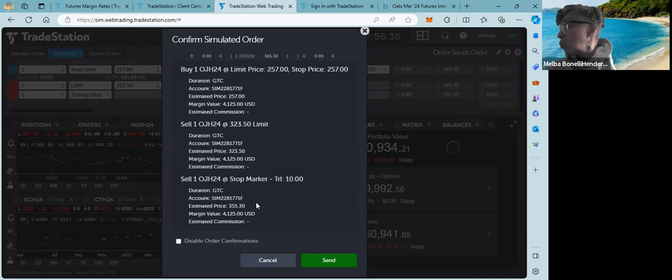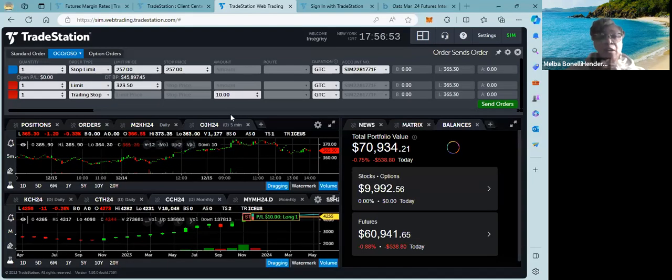And we had 247.30. So 355.30 is different from 247.30. So we're going to click cancel and go back up to the 10 and put a 9 there. So we're going to back it off a little bit.